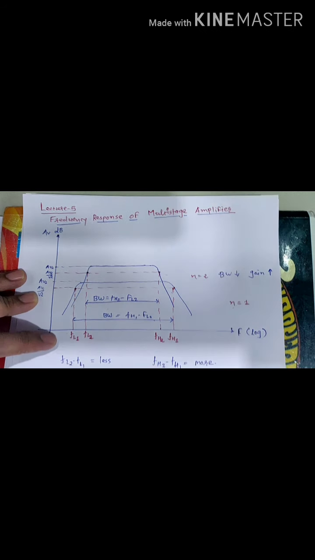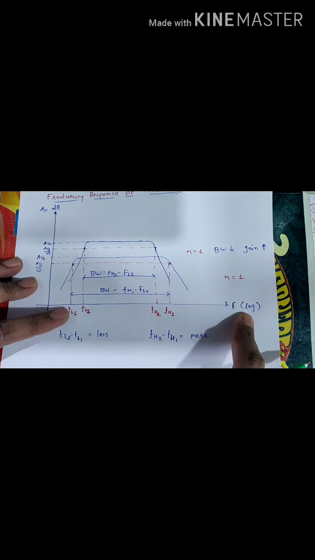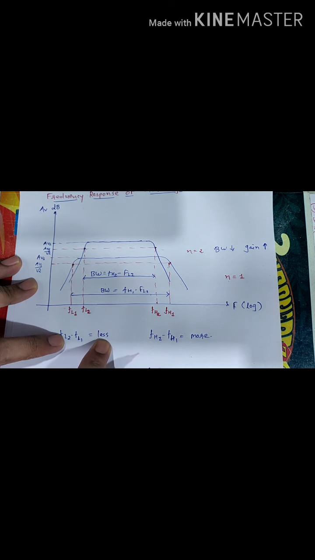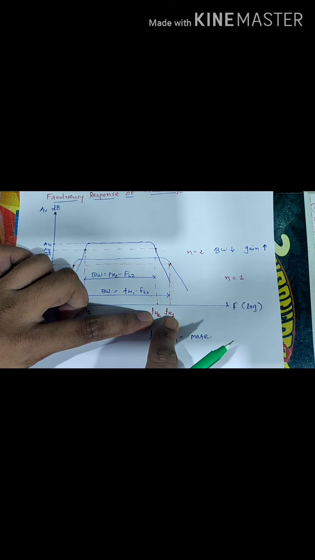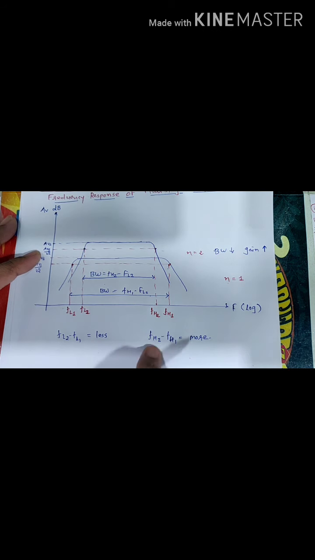What is the conclusion? This is a logarithmic scale, so the reduction in the lower cutoff is comparatively less, while as we go higher the scale rises logarithmically, so FH2 minus FH1 is large.